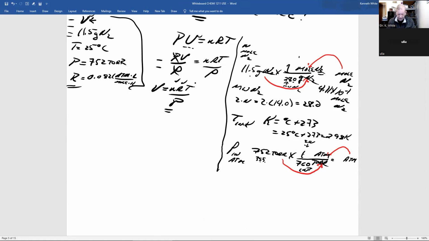And now I'll do the math. 752 divided by 760. And my calculator, and I'm going to round it off to 3 significant figures, gives me the following number.